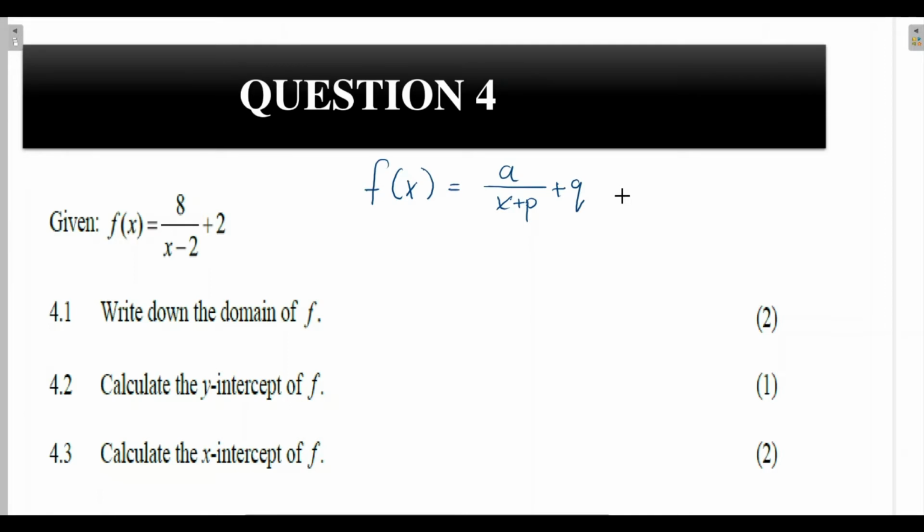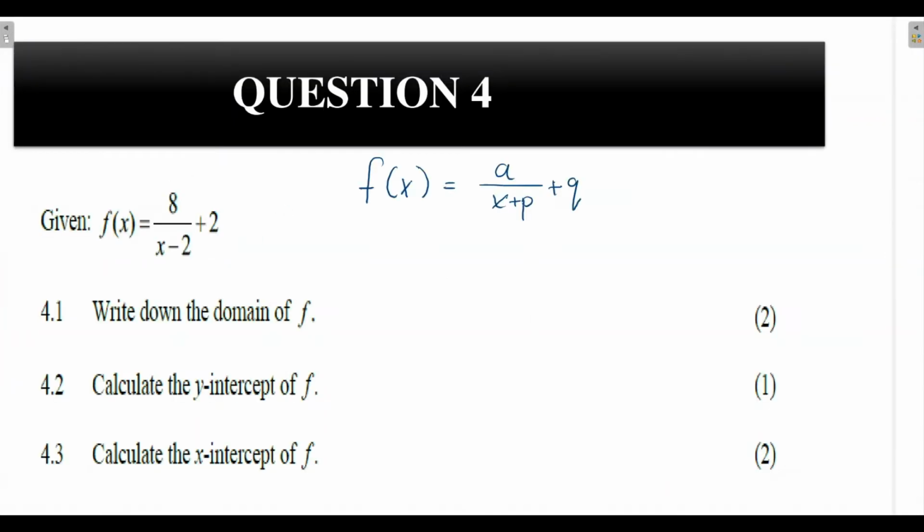Remember, to get the domain of f, you basically need to focus on this expression. And we know that that expression cannot be equal to 0, because the minute we get a denominator that is equal to 0, we are going to have an undefined value. So we don't want that.